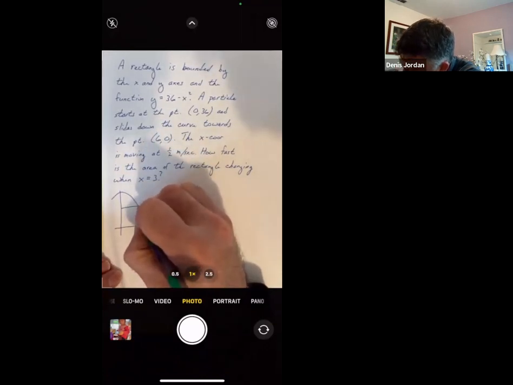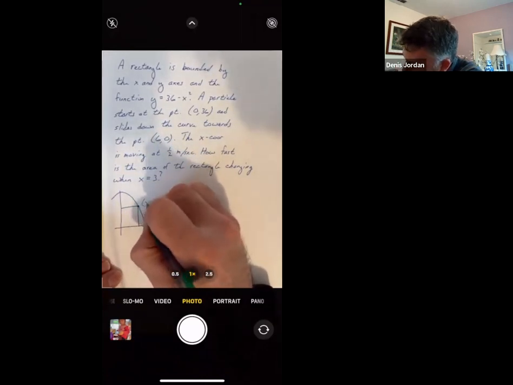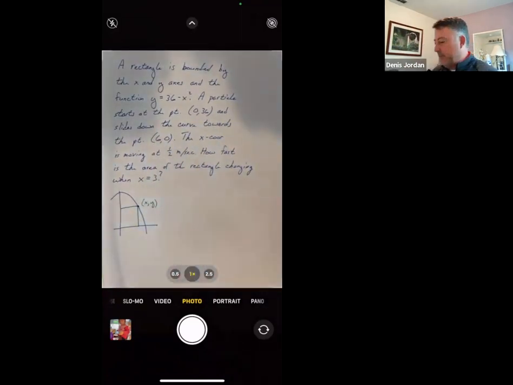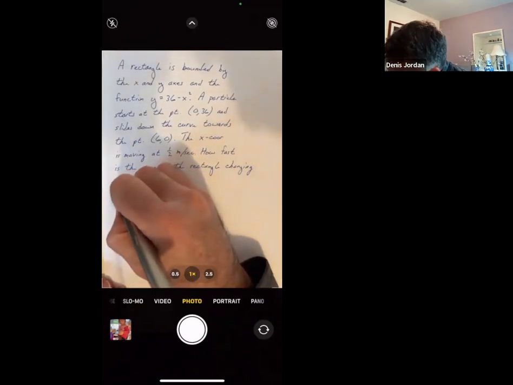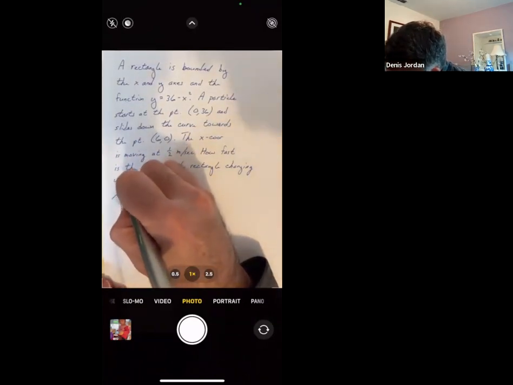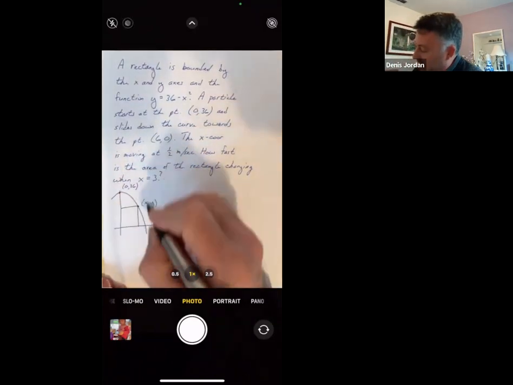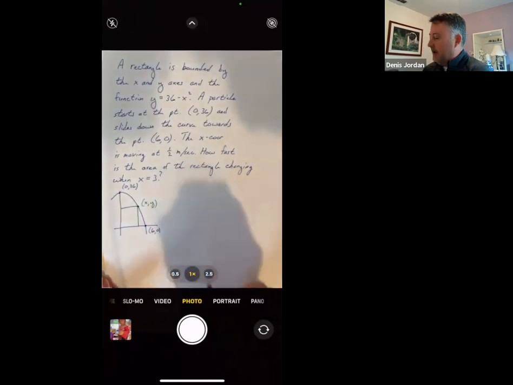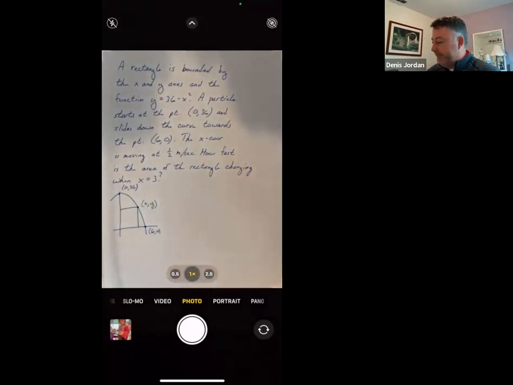And it hits the curve at the point xy. So the top of the curve, that's your 0, 36. And then right when it hits the x-axis, that's your 6, 0.